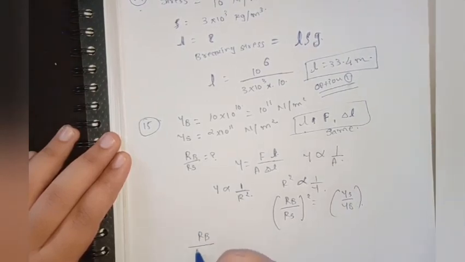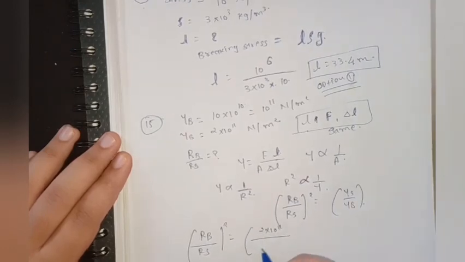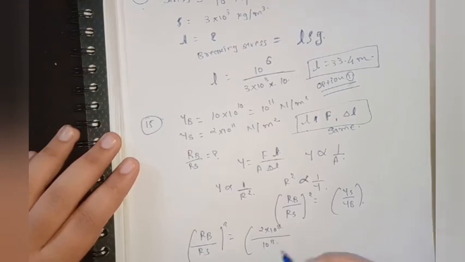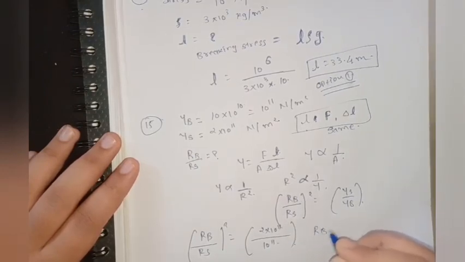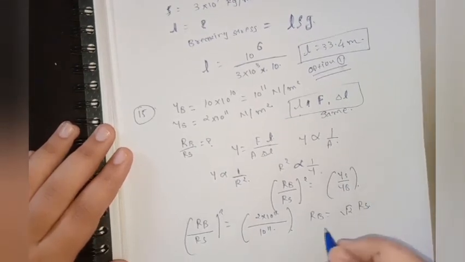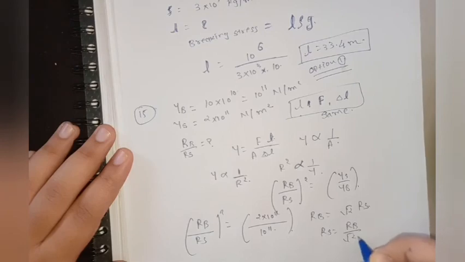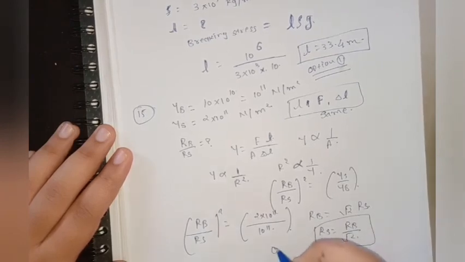So Rb by Rs whole square is equal to 2 into 10 power 11 divided by 10 power 11. So Rb is equal to root 2 times Rs, or Rs is equal to Rb by root 2. So option 2 is the correct option.